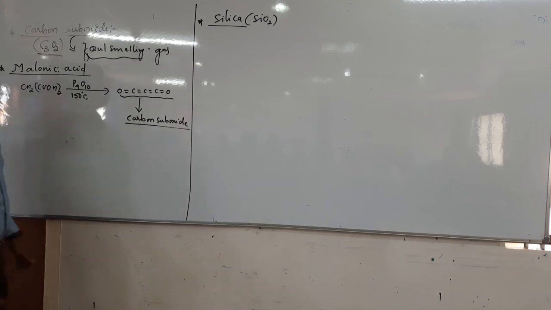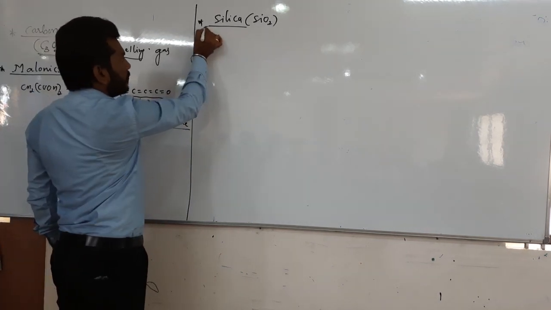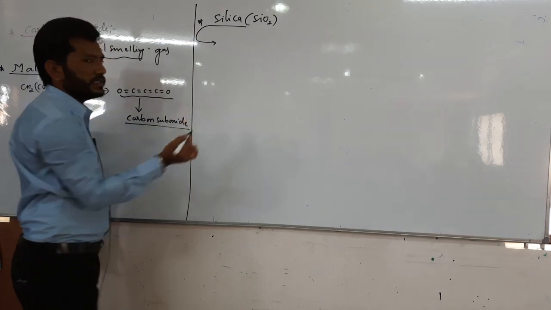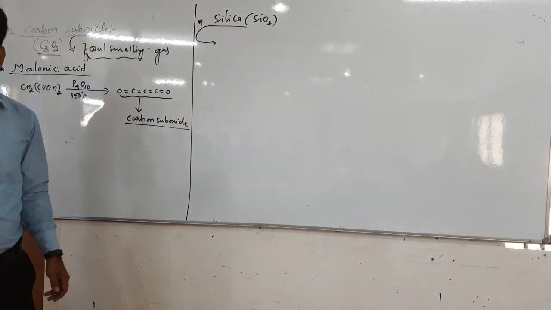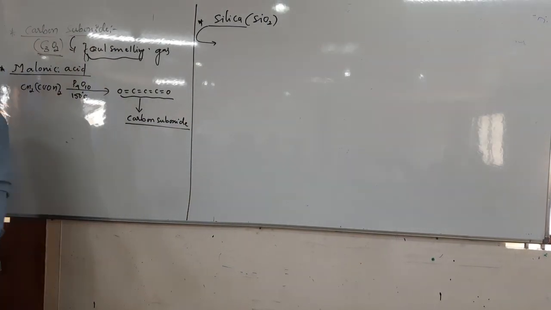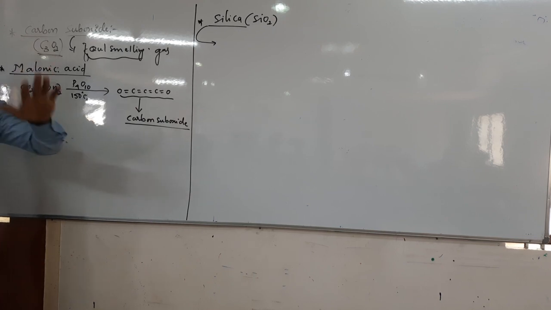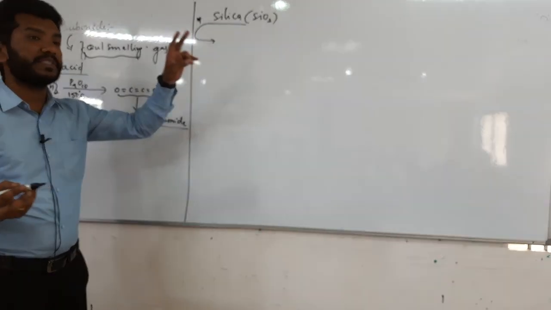Silica exists in two different forms, the same way carbon exists in two allotropic forms. So silica also has two allotropic forms, one crystalline and one amorphous.